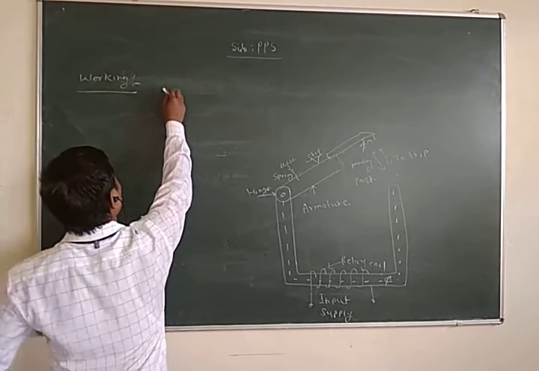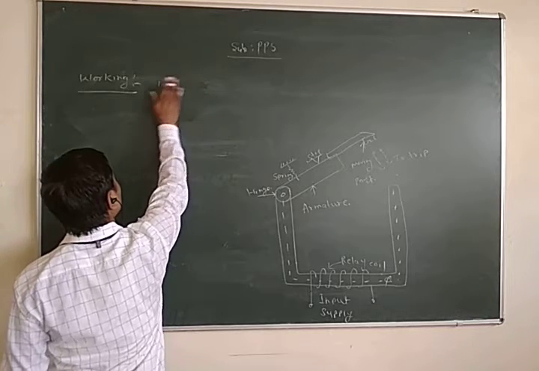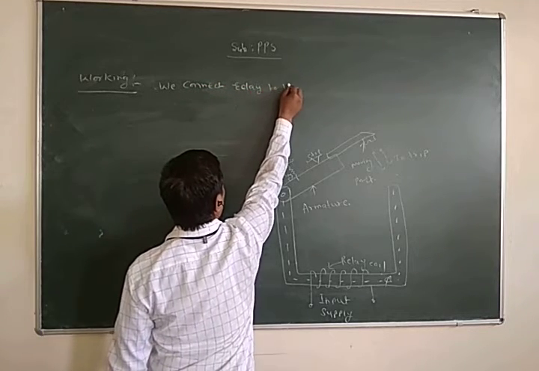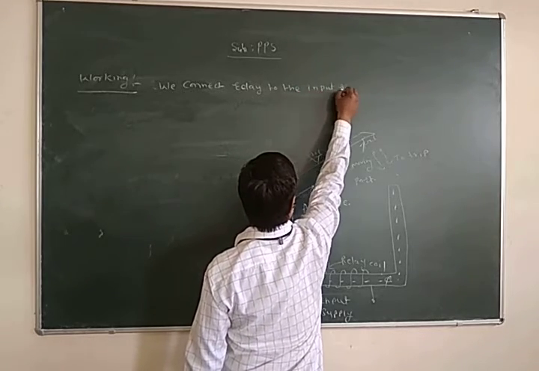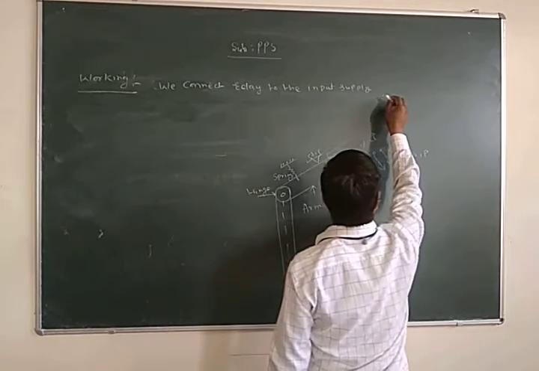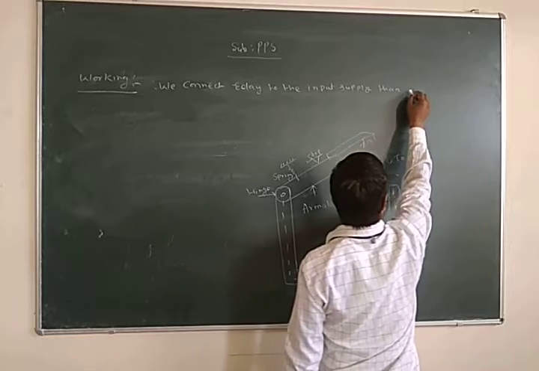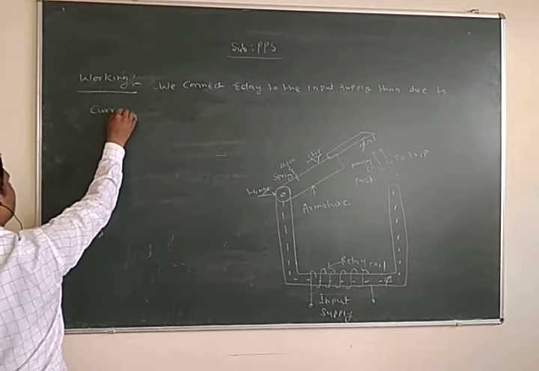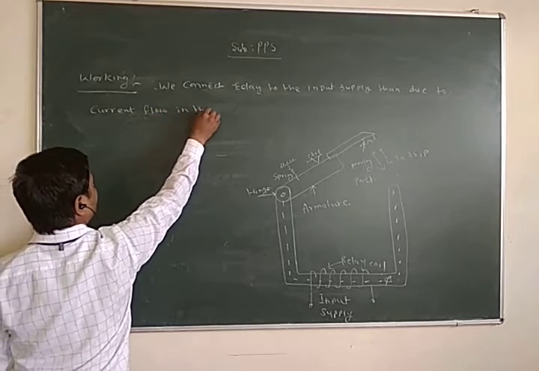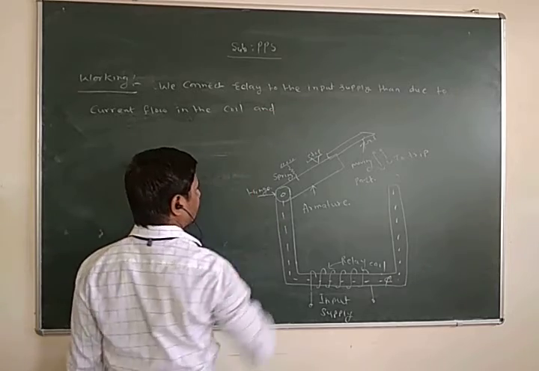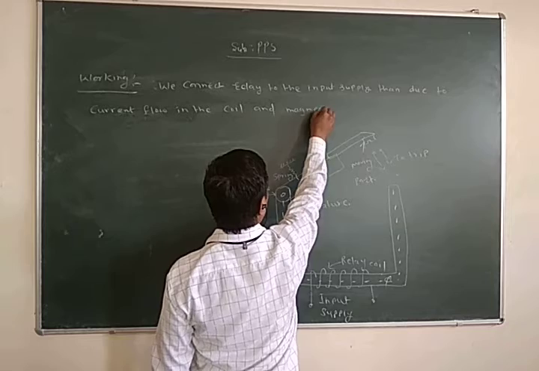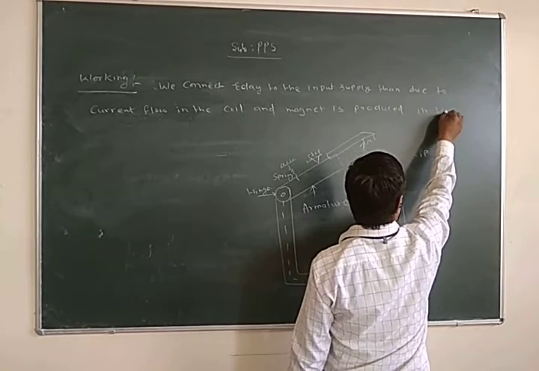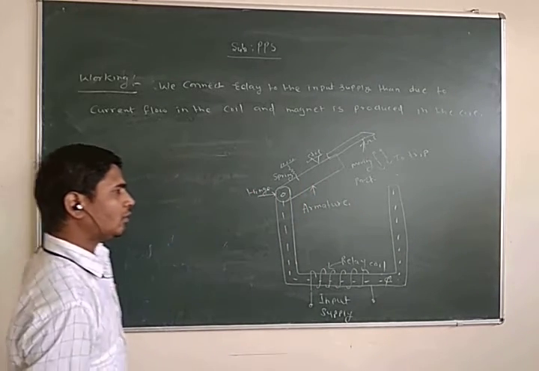So the working is: we connect the relay coil to the input supply, then due to current flow in the coil, a magnet is produced in the core.